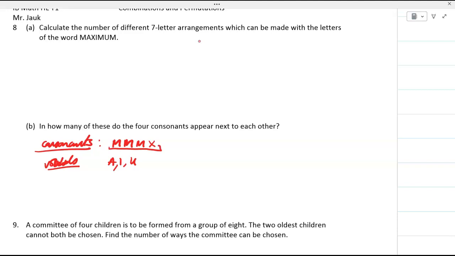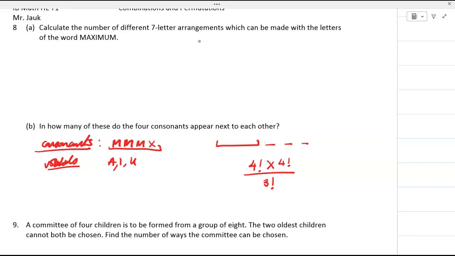So you put them together and fix them as one group, and treat the vowels A, I, U individually. So you have 4 items, so 4 factorial. Into the consonants among themselves can be arranged in 4 factorial ways, divided by the repeated factorial, which is 3 factorial.